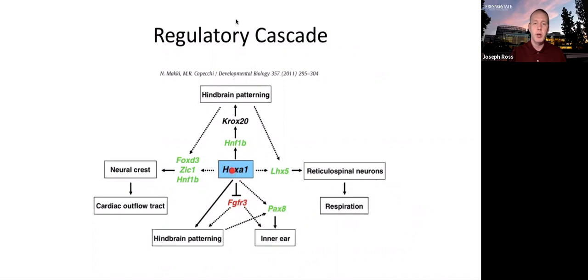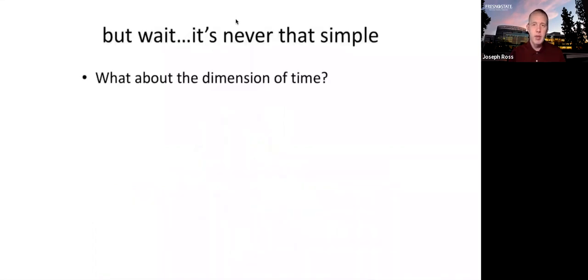So HOX1A expression, the protein, will turn on the expression of the genes that are in green, and it will also turn off the expression of genes in red. So these sorts of figures we'll see a few times when we're studying evolutionary developmental biology.